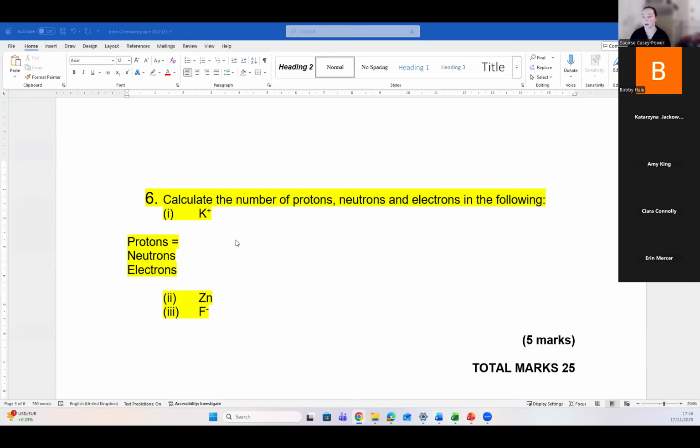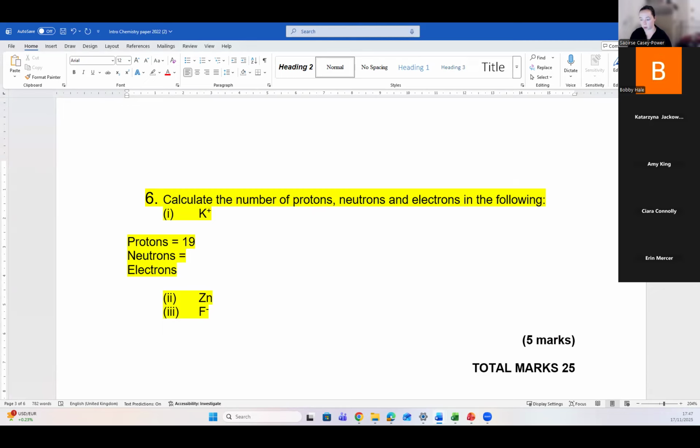It's K. Potassium's atomic number is 19. What the atomic number tells you is the number of protons in the nucleus of an atom of potassium. That will always equal the number of protons in its nucleus. So that's what I'm going to list there. That will never change.